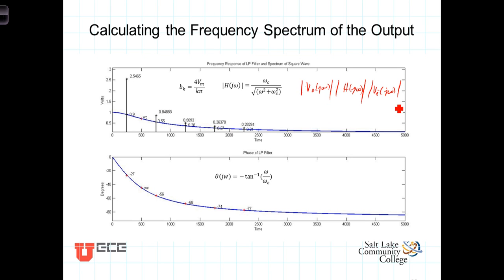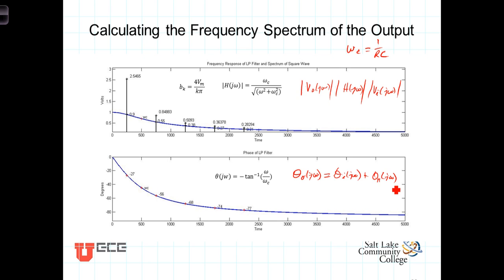This is the frequency response, where for this case omega sub c is equal to 1 over RC. And the phase of the output of j omega is going to equal the phase of the input of j omega plus the phase of the frequency response function of j omega.